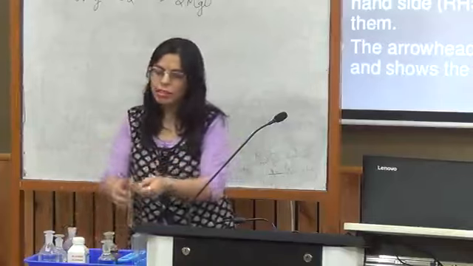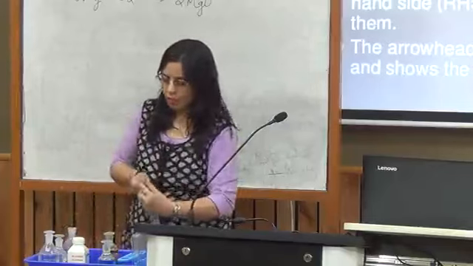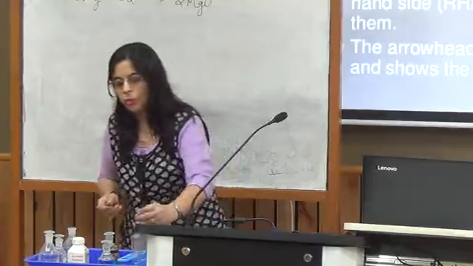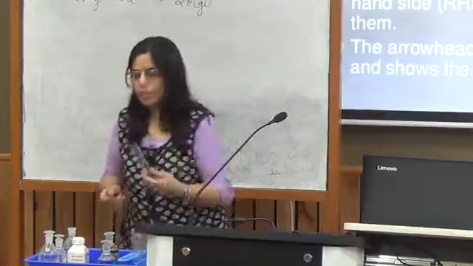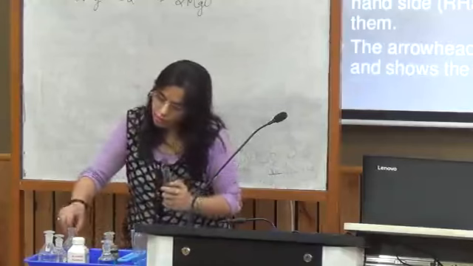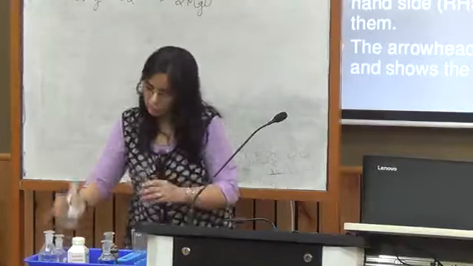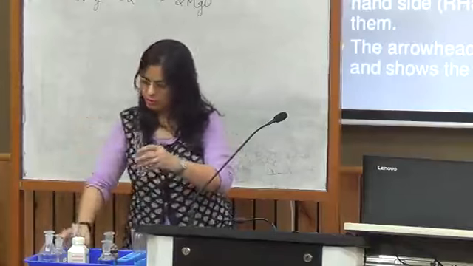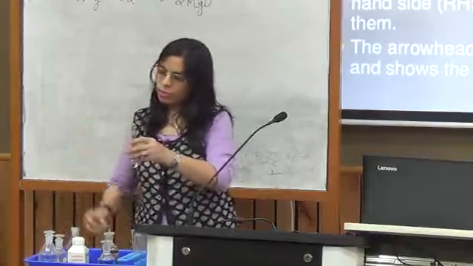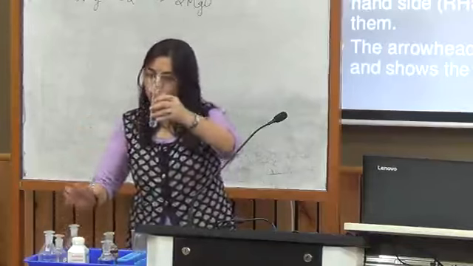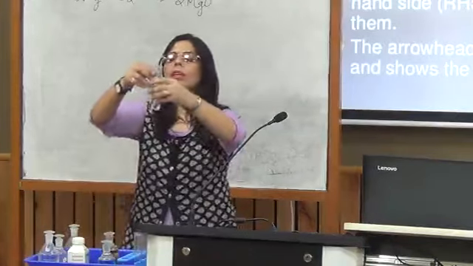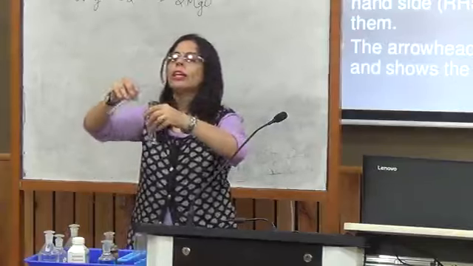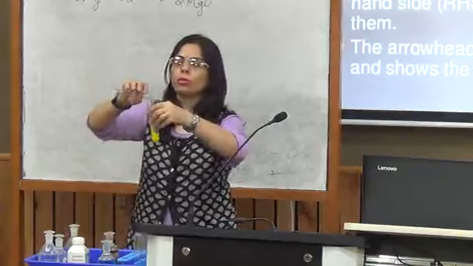The reagent bottle must be closed immediately after you use the solution. In the other test tube, I am taking a small quantity of lead nitrate solution. A similar quantity, though I have not measured it. So I have two solutions with me: one is potassium iodide solution, another is lead nitrate solution. Let us see what happens when we mix the two.